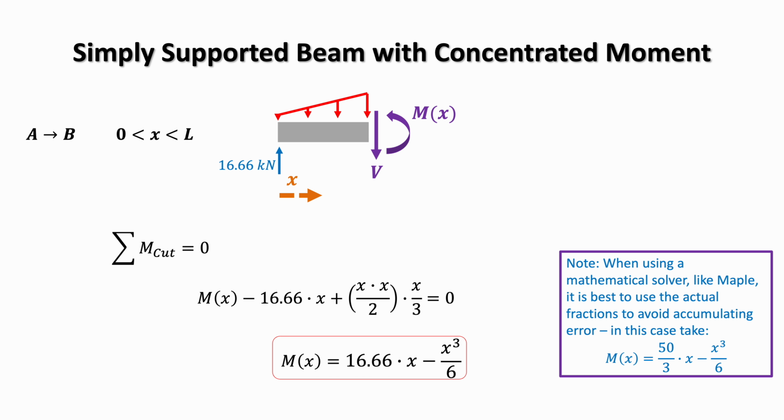As we mentioned before, we're looking at the region from A to B with x between 0 and L. Drawing our free body diagram again and knowing what we know about the triangular load, we can write the bending moment equation.